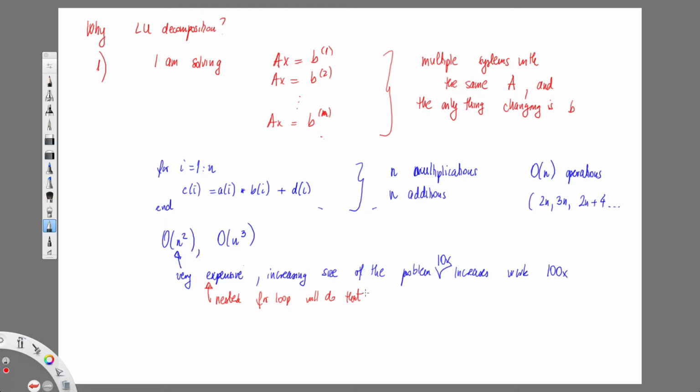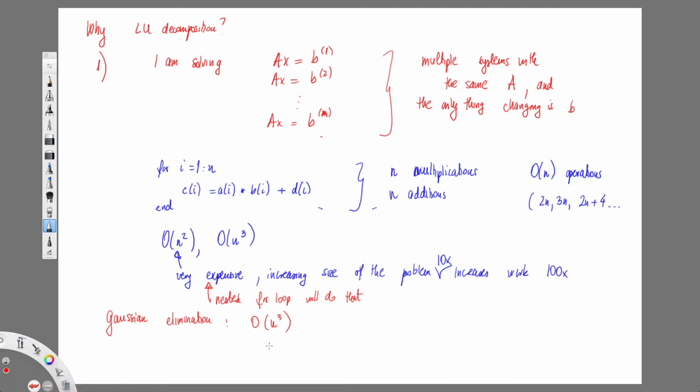So essentially Gaussian elimination is O of N cubed. And if I do LU decomposition and I have to really speed things up, then I'm doing this expensive step only once, and all of the following ones are O of N squared.